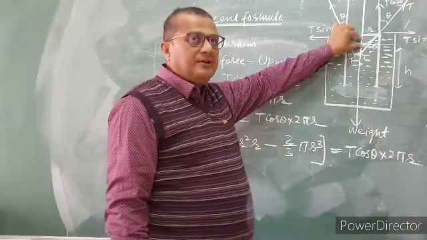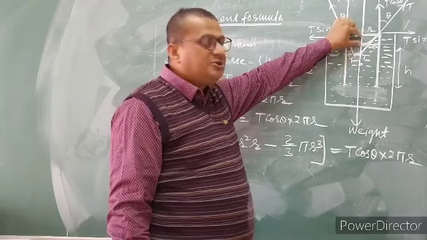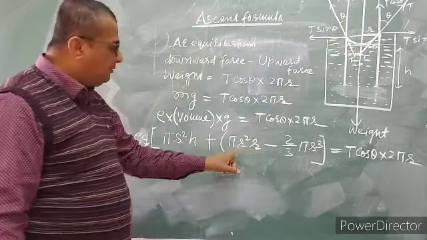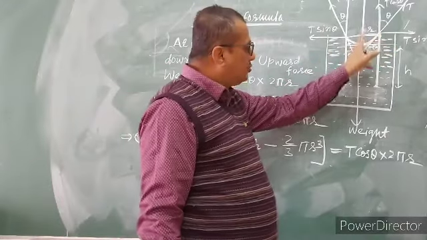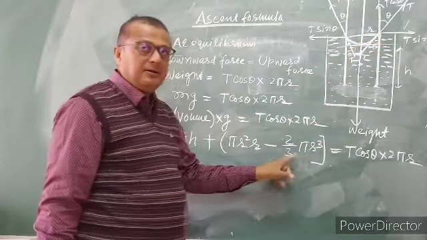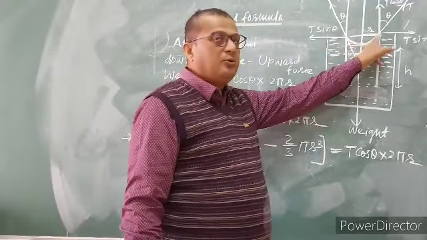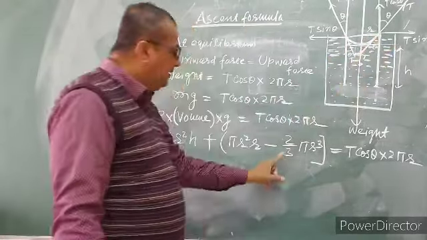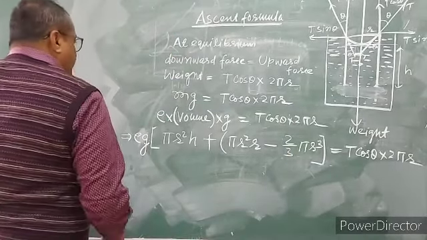Its radius is r, height is r, so the volume of this cylinder will be pi r square r. But in this part liquid is absent, so you have to take the volume of that part. Total volume is 4 by 3 pi r cube, so this volume will be 2 by 3 pi r cube. Now we have to solve this one.